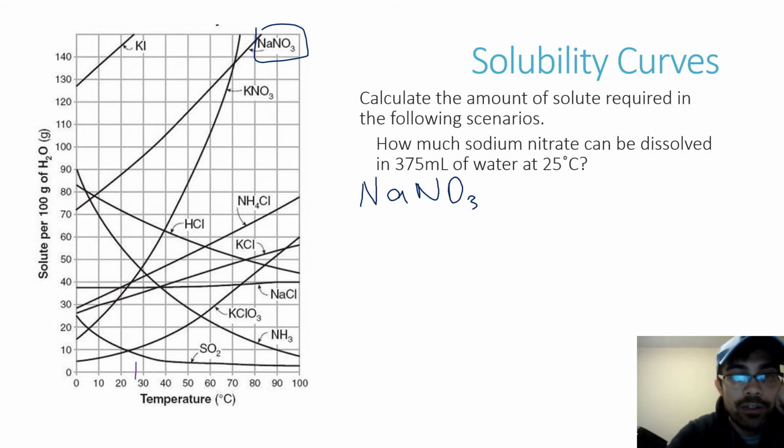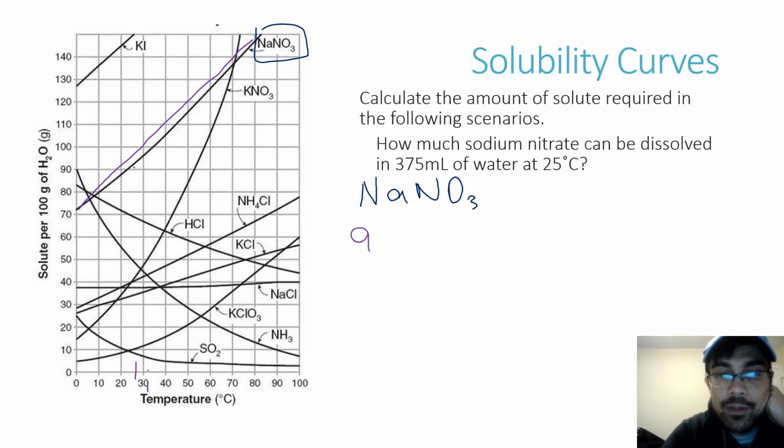If we follow that up to where it meets the sodium nitrate line, we would get just over 90, I would say about 92, 93. Remember, there's some flexibility here. It's more important that you understand the process rather than get the exact number. I would accept either 93 or 92. The more I look at it, the more I think 93 grams per 100 milliliters.